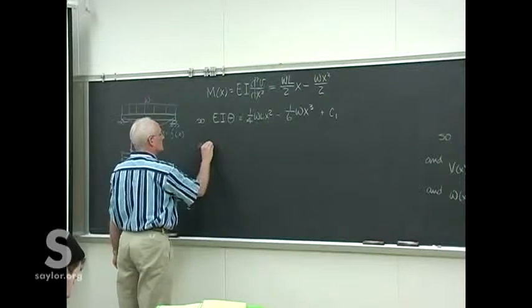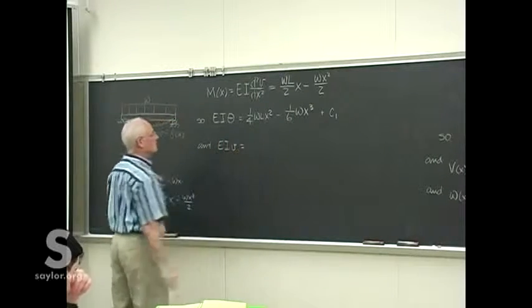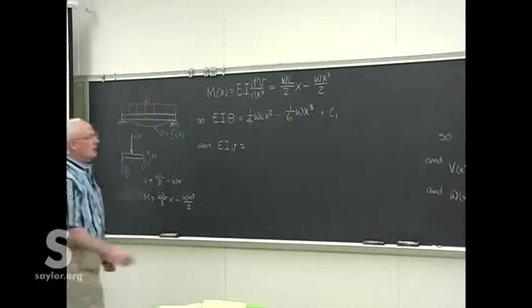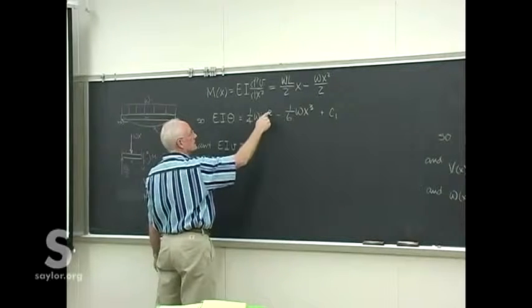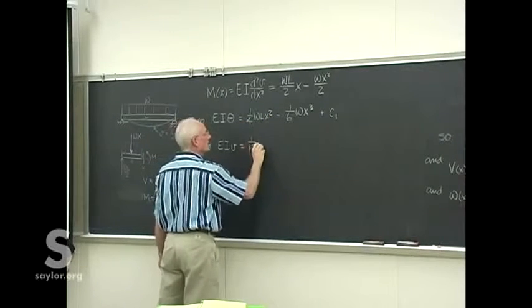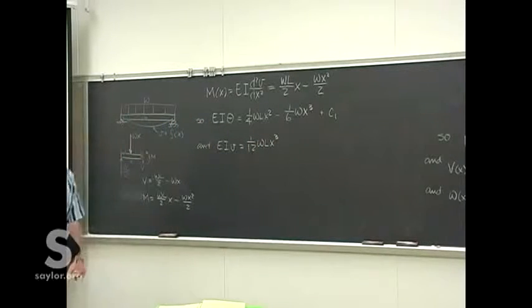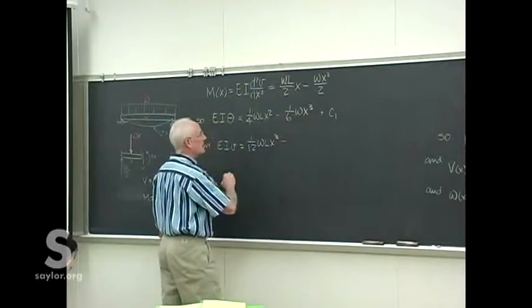And then we can get to the elastic curve with one more integration of that equation. All we're doing is marching up the line of equations there. So this becomes a 3 when it comes down. We get 1/12 omega L x cubed. Right so far? Okay, can't lose any minus signs, can't lose any powers.